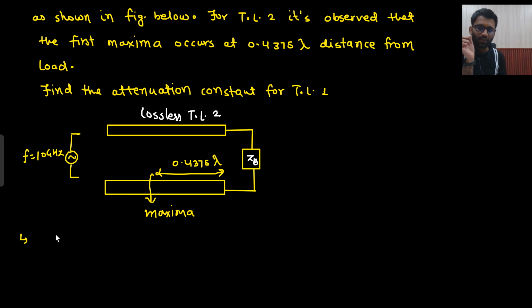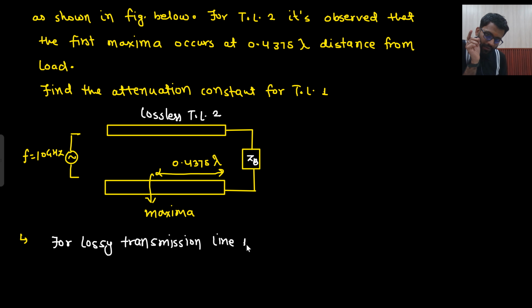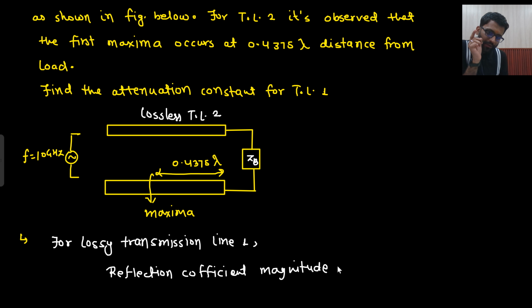So for lossy transmission line 1, reflection coefficient magnitude at load, what is that?